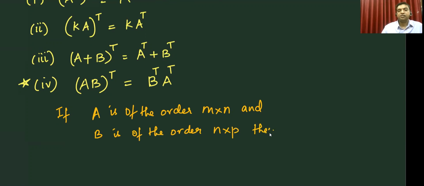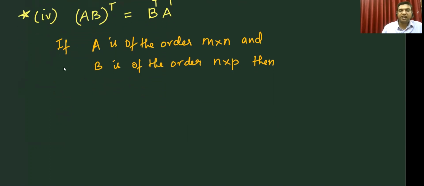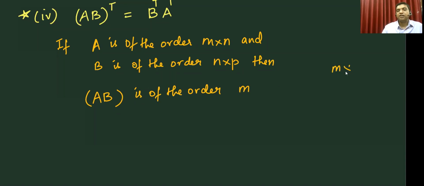Then the product AB is of the order, tell me, what is the order of the product AB? m by n times n by p, so the product AB will be of the order m cross p. Very good.